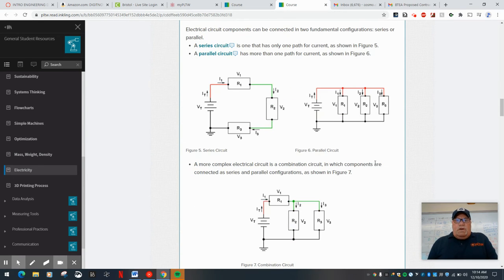Okay. So here's the difference: a series circuit is one that has only one path for current. That's in figure 5. And a parallel circuit has more than one path.